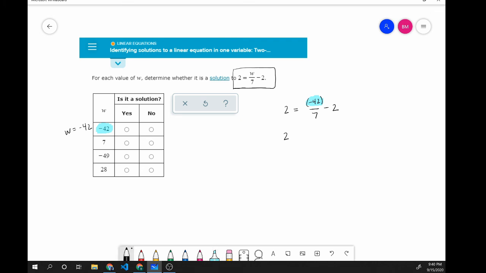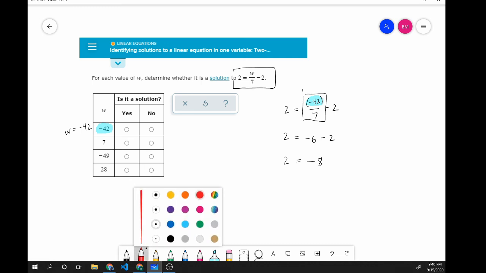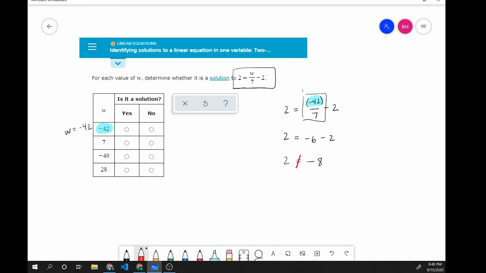So 2 equals, and this right here is negative 6 minus 2. I can simplify that. So 2 equals negative 8. That does not work. That is not true. So we put not equal to. And this means it's a no. It's not a solution. So we're going to mark off no.